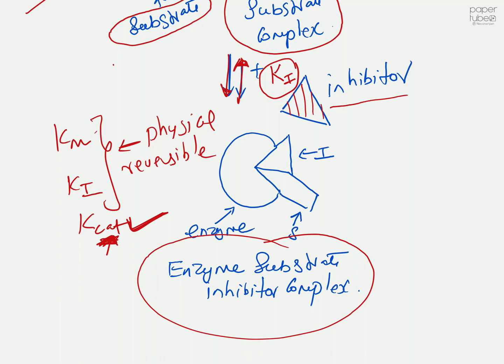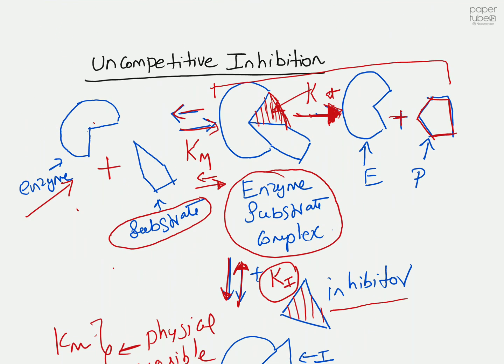So let's try to derive an expression that allows you to calculate the rate of the reaction for this type of reaction. So we have an uncompetitive inhibitor. By the way, why do we call it an uncompetitive inhibitor? If you come back to this diagram here, you have an enzyme, you have substrate, and you have inhibitor. This inhibitor will compete only with the enzyme substrate complex.